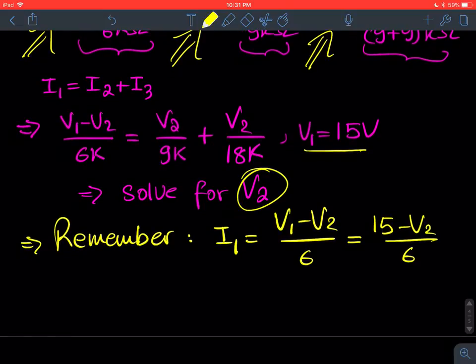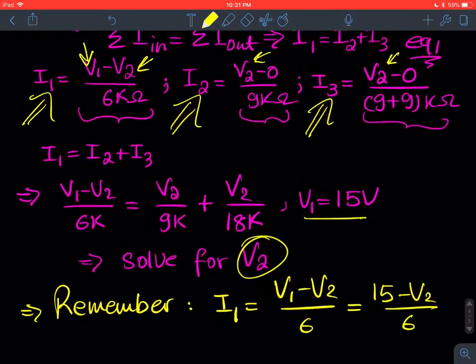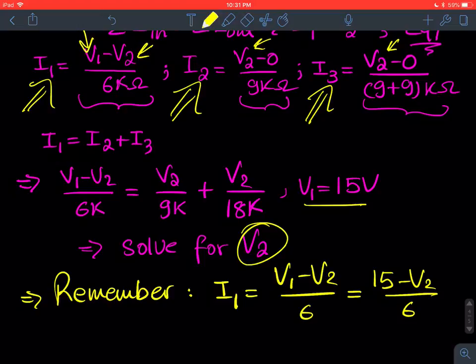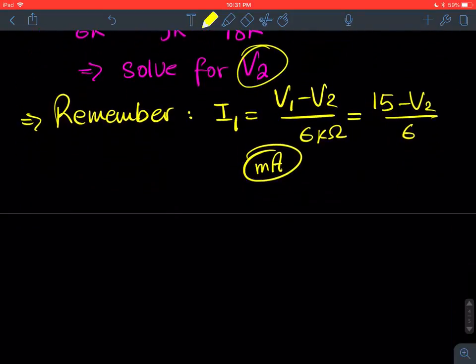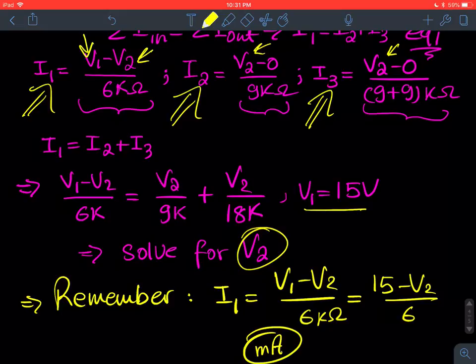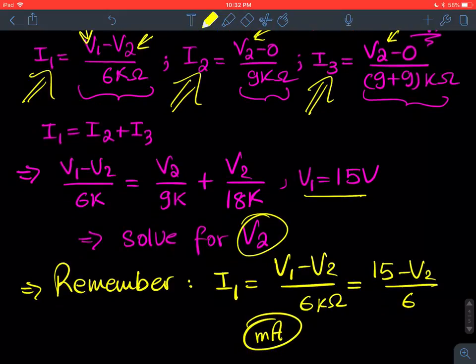But just remember, because your resistance is in kilo ohms and your voltage is in volts, your answer is going to be in milliamps.